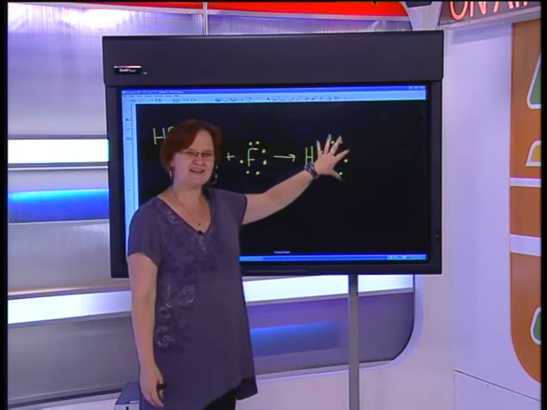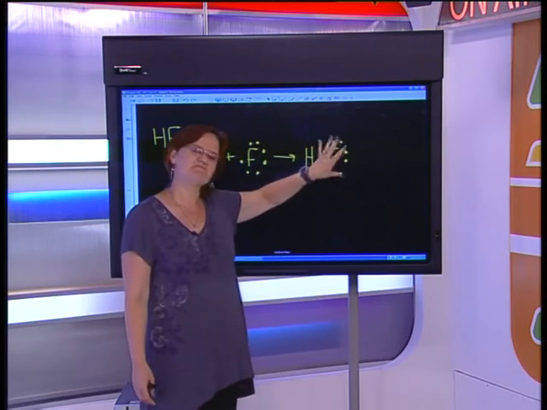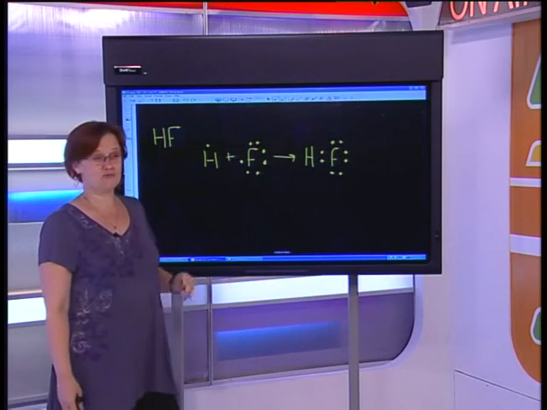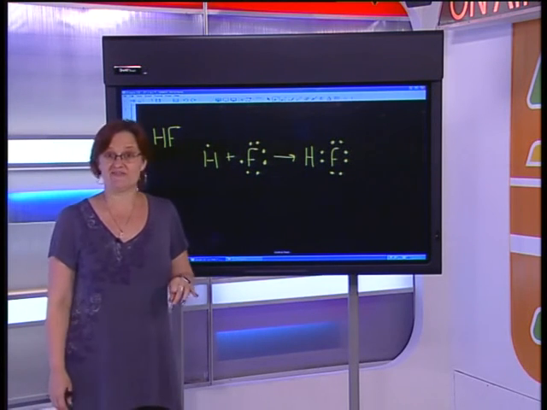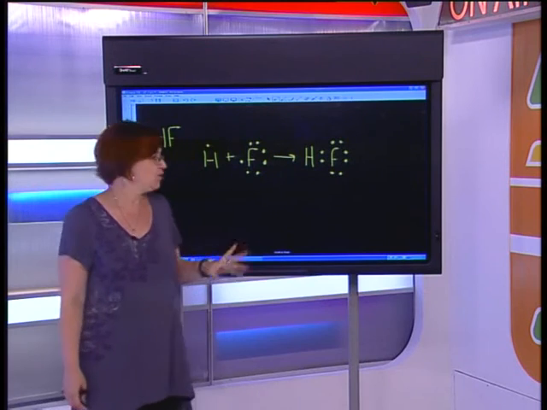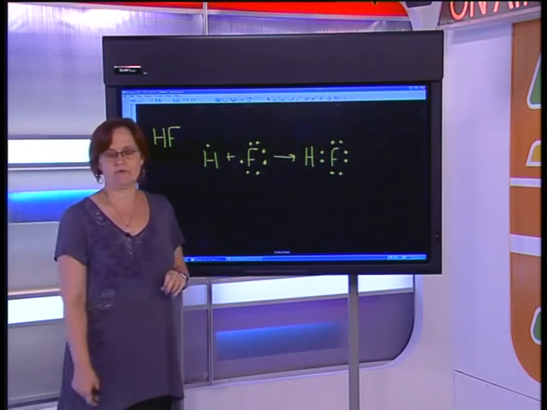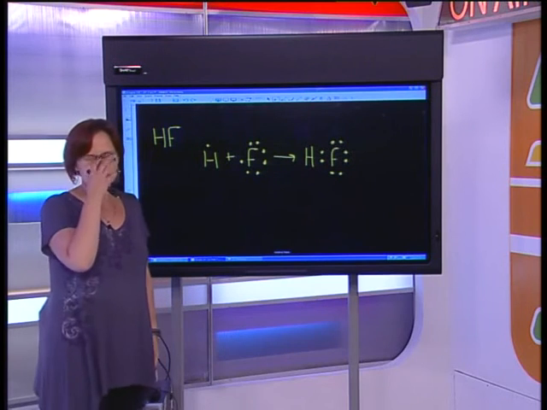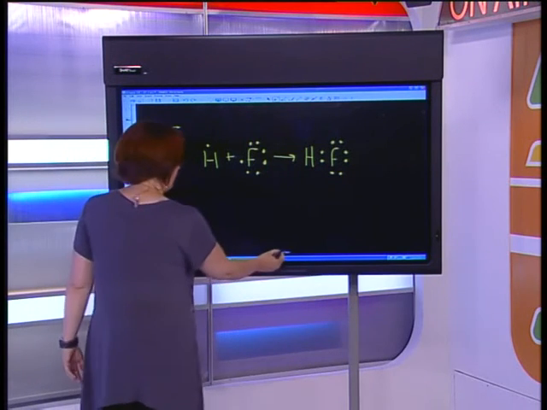Fluorine pretty much gets the electrons all the time. Actually, hydrogen fluoride is what we call a corrosive acid. It doesn't have a very low pH like HCl, but you cannot store hydrogen fluoride in glass bottles. It eats through glass. So none of your schools will have it, and it's extremely, extremely dangerous.